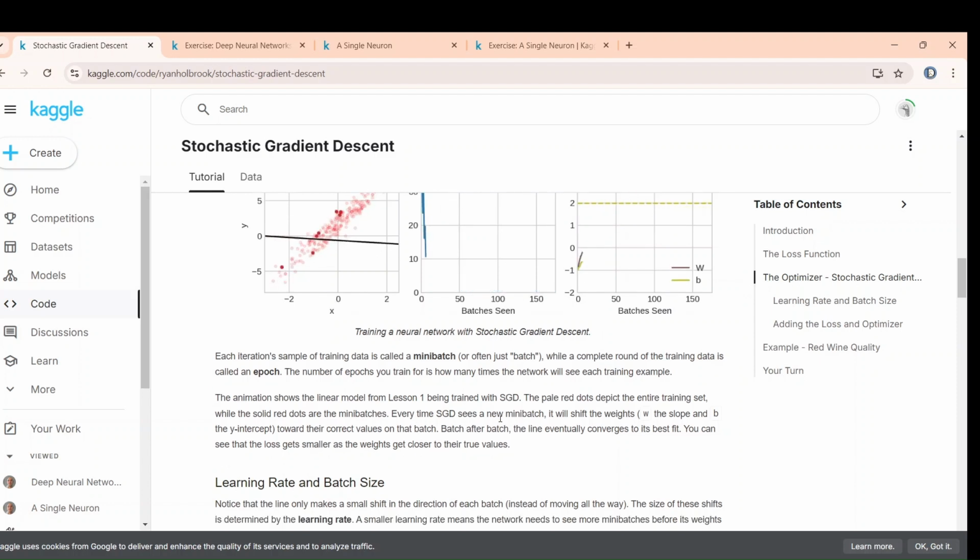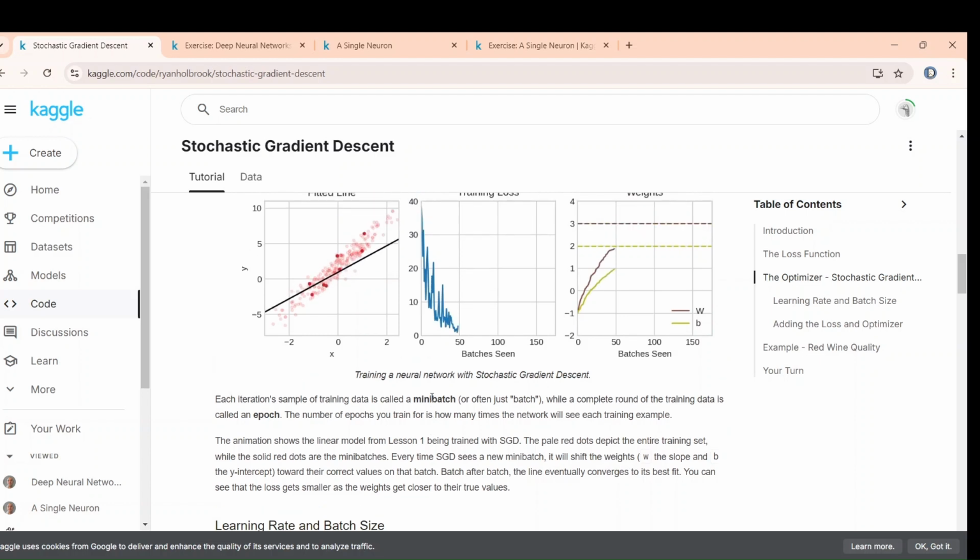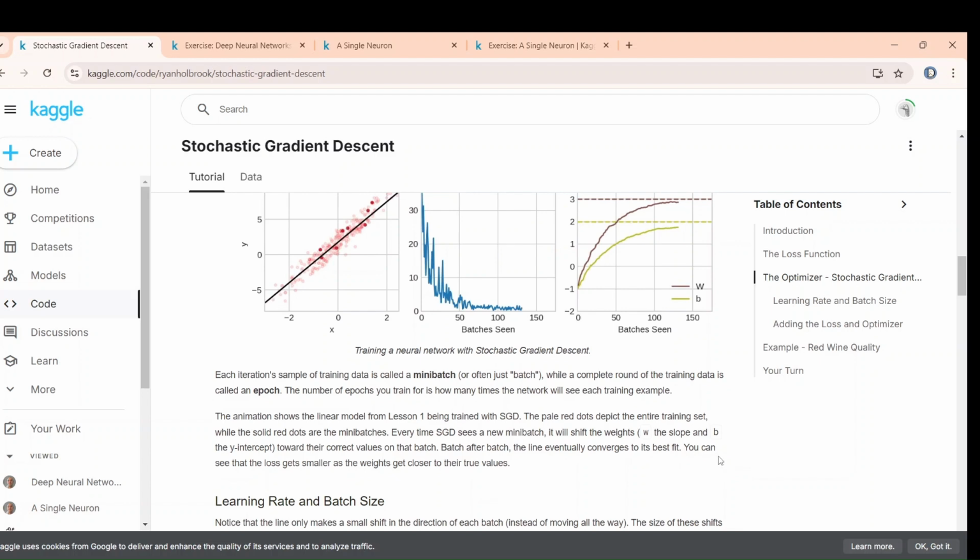Every time SGD sees a new batch, it will shift the weights. Weights means the W and the B. B is the Y intercept, and W is the weight. It shifts them towards their correct values on that batch. Batch after batch, the line eventually converges to its best fit.